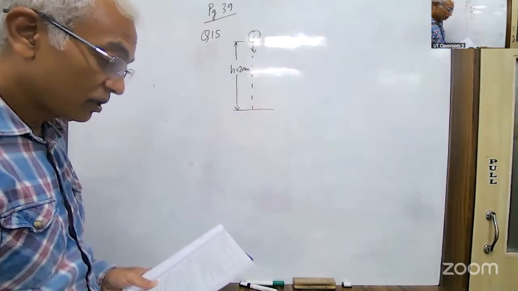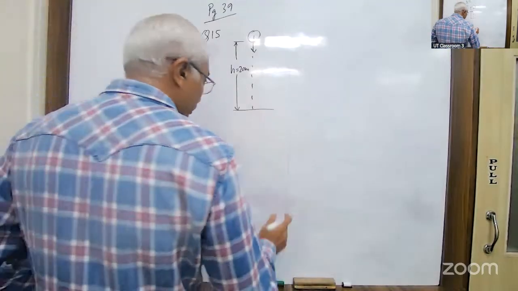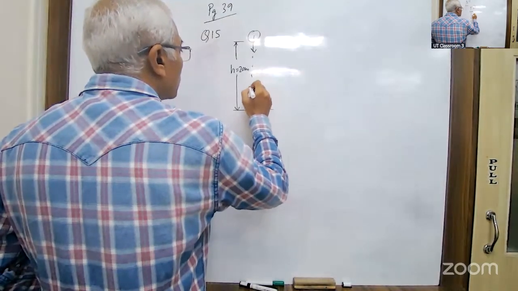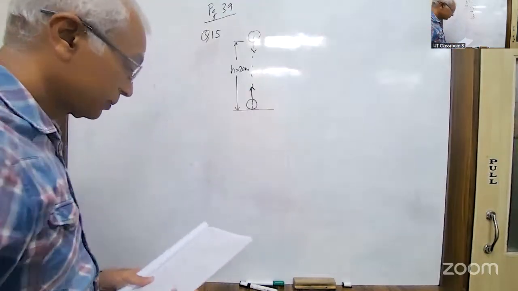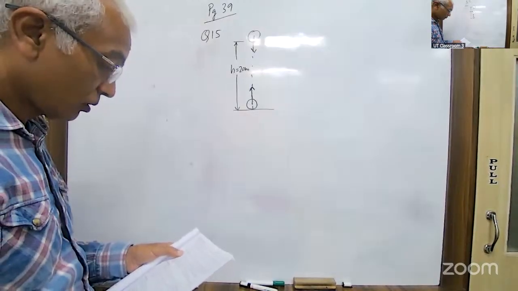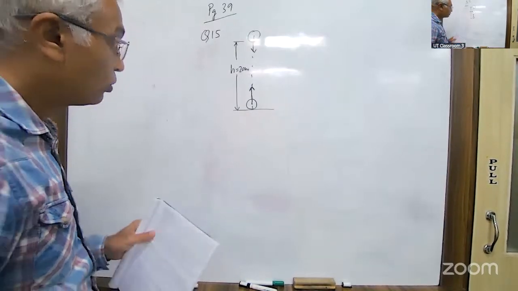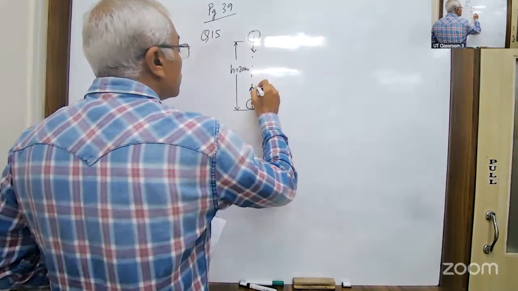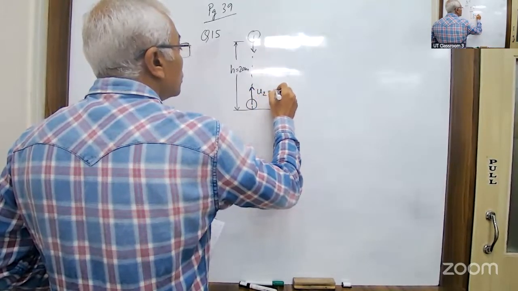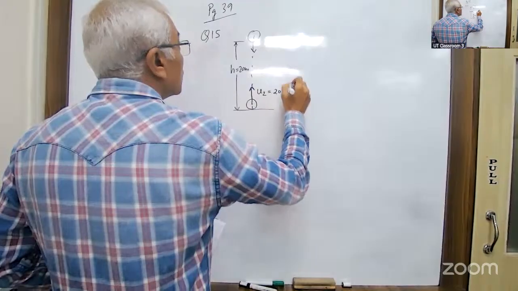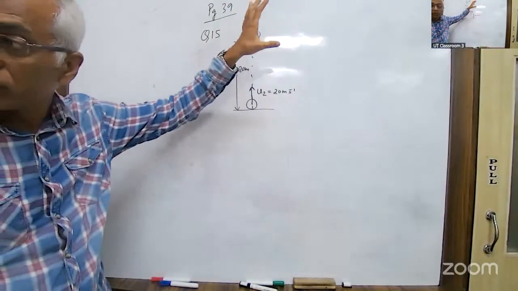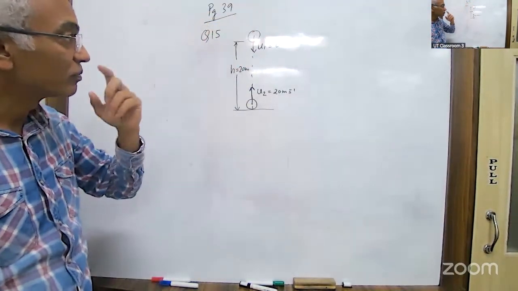At the same time, another ball is thrown vertically upward from the ground with a speed of 20 meters per second. So this is u2 is equal to 20 meters per second, and u1 is equal to 0. Correct? This ball is just dropped, and this is thrown up.